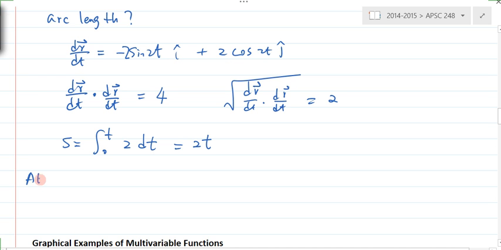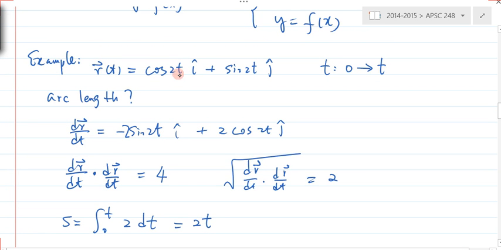Now let's check out a couple of special cases. At t equal to pi, what's the arc length? According to my calculation, it should be 2 pi. So if I go back to the circle here, when t goes from 0 to pi, imagine a point moving on a circle.